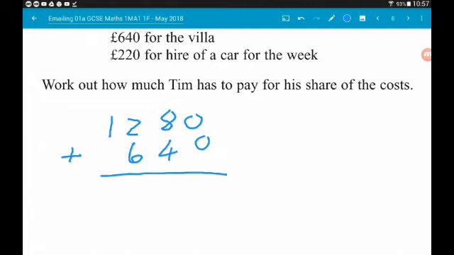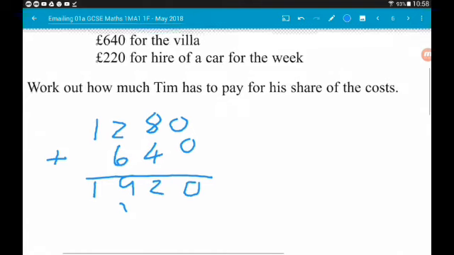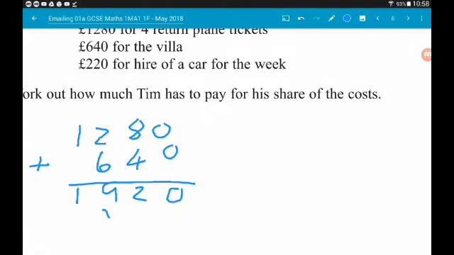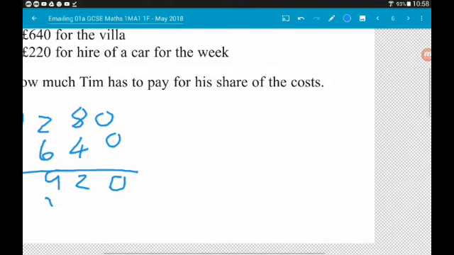So starting from the right, 0 and 0 is 0, 8 and 4 is 12, so we stick 2 there, carry the 1, 2 add 6 is 8, add 1 is 9, and then the 1 just falls down. So at the moment we got 1,920.